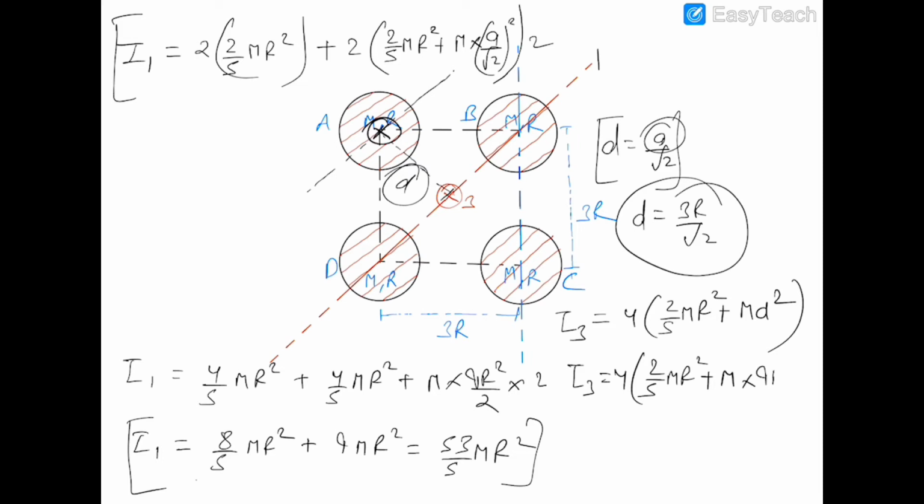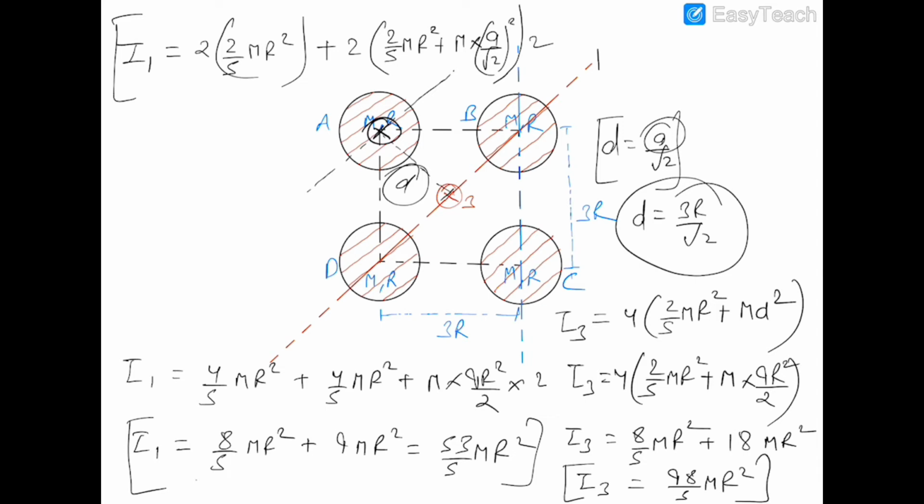So this is 9r square by 2. So I3 is equal to 8 by 5 mr square plus 18 mr square. Okay, so 8 by 5 mr square plus 18 mr square will be equal to 98 by 5 mr square.